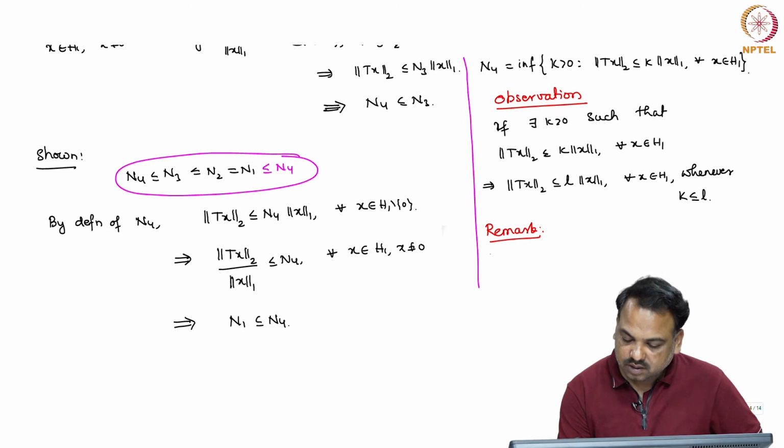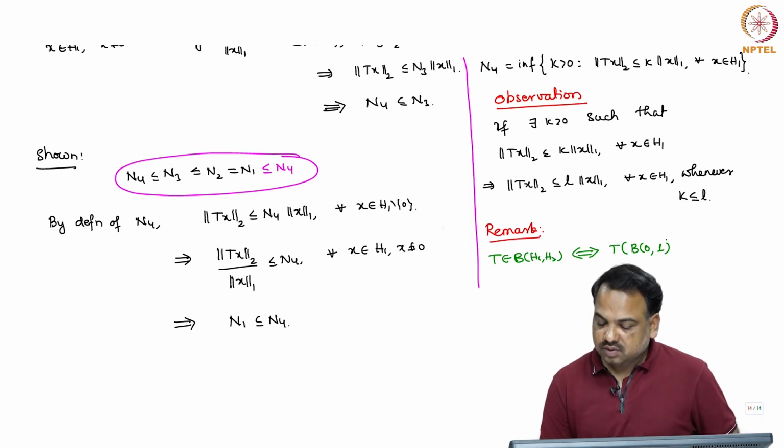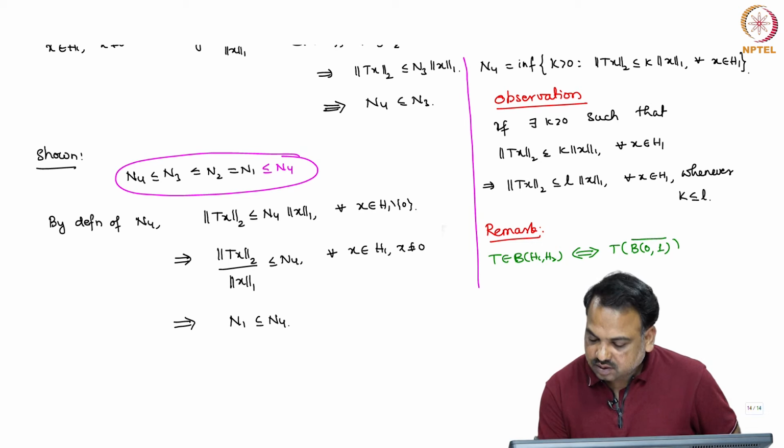So we can easily show that T is bounded if and only if T of B01, the open ball centered at 0 with radius 1, and take the closure of that, is bounded.